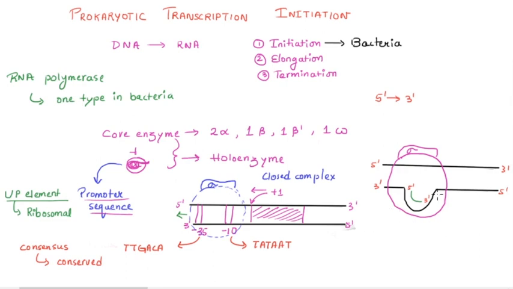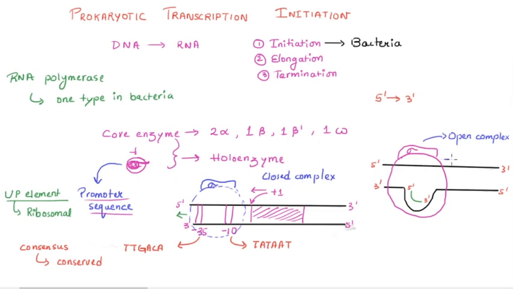Now, when the DNA unwinds a little bit and a little stretch of the RNA is synthesized, this is called the open complex. So the closed complex is when the DNA is not unwound, and the open complex is when the DNA starts to unwind and a little stretch of the RNA is synthesized.